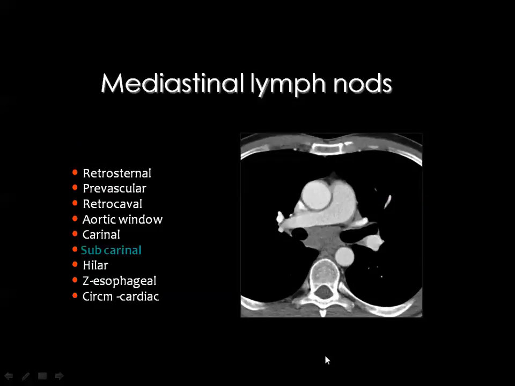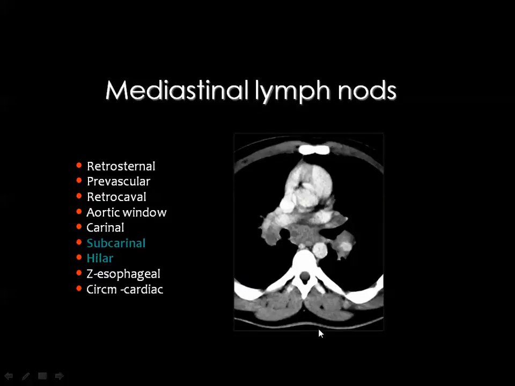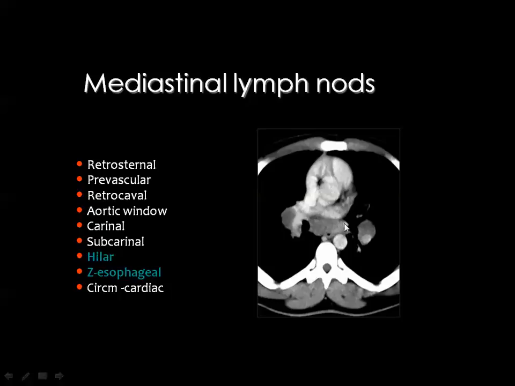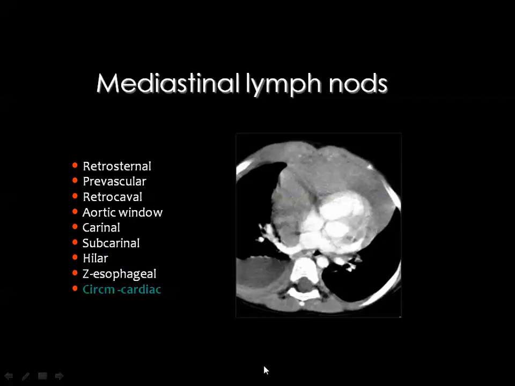And lower down between the major bronchi, you get to the subcarinal lymph nodes, and more lower down, you can see the hilar group of lymph nodes, and also the azygoesophageal group of lymph nodes related to the esophagus and the azygos vein. And finally, you can see the circumcardiac group of lymph nodes, which are a group usually surrounding the cardiac shadow.